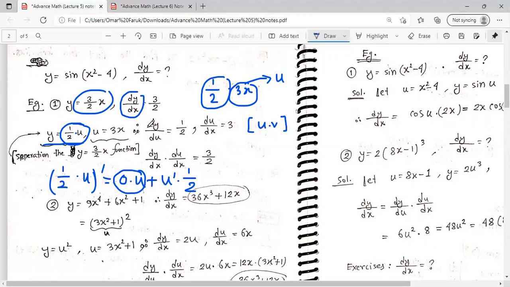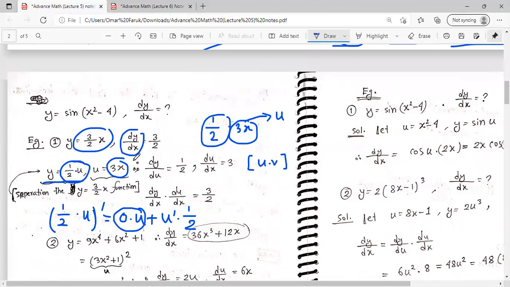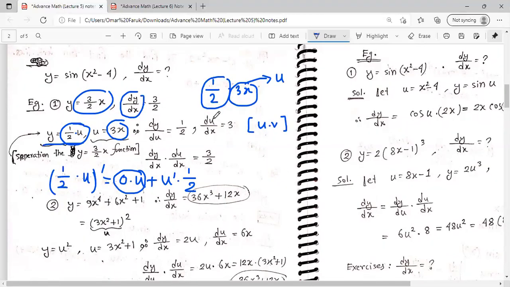What is u? u is 3x. The derivative of 3x will be only 3, because here is also another product rule, 3 times the derivative of x plus x times the derivative of 3. The derivative of 3 means 0, so 0 multiplied by x is 0, plus the derivative of x is equal to 1, 1 multiplied by 3. So it will be only 3.